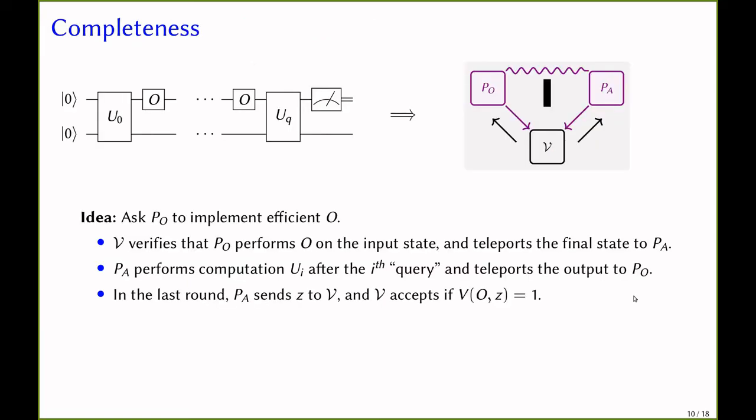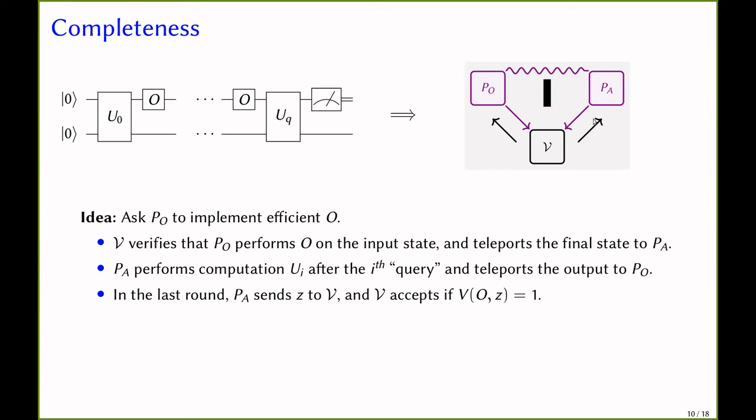So if the players are perfectly reliable, the corresponding two-player protocol will be very straightforward. The idea is that we can have the prover PO perform the oracle queries, and PA perform the unitaries between the queries in this picture.